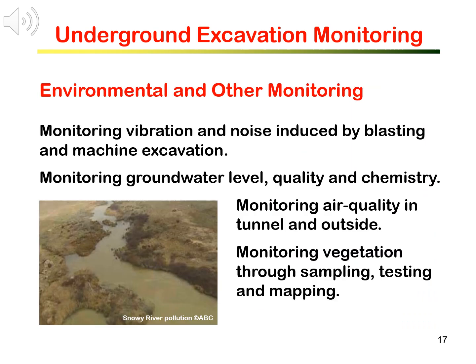Underground excavation in rock can also induce hazards to people, buildings, and the environment. We can monitor vibration and noise induced by blasting and machine excavation if excavation is close to houses and buildings. We sometimes need to monitor groundwater if it is affected by underground excavation by measuring water level, water quantity, quality, and chemistry.